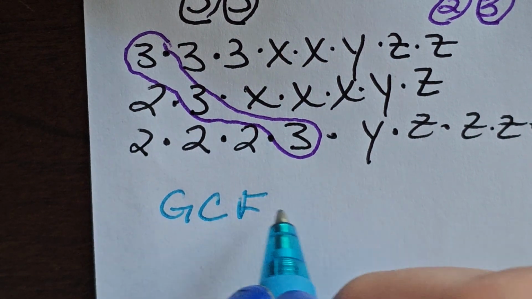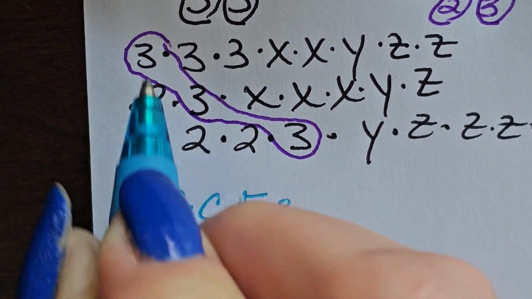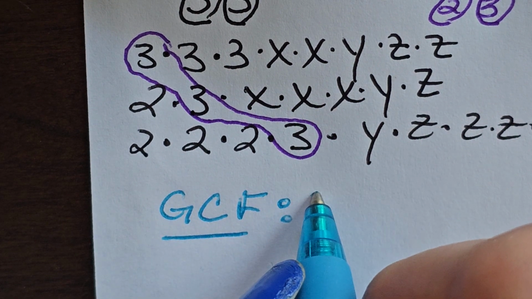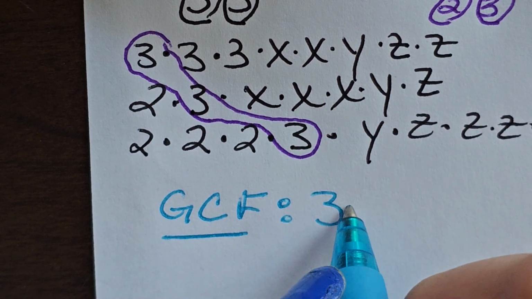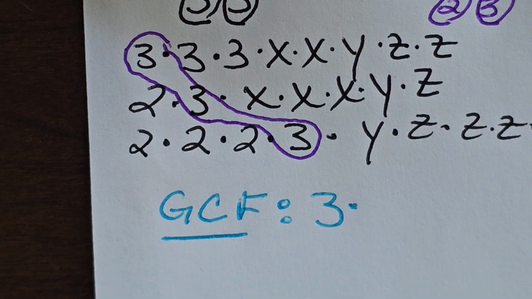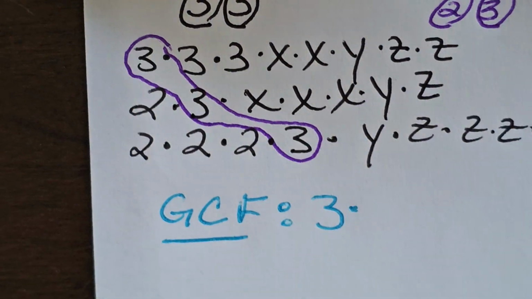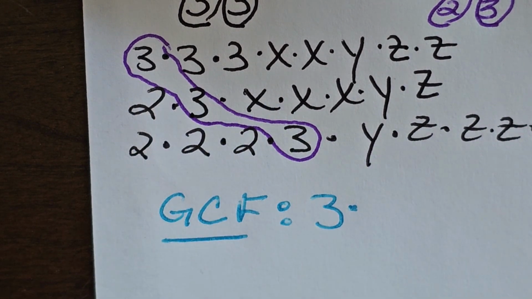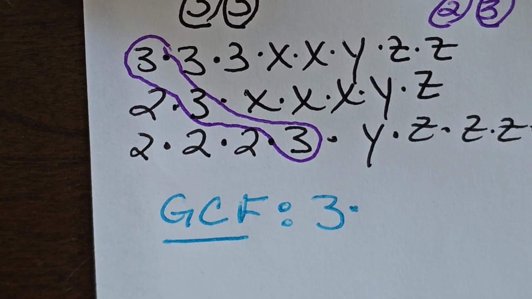Greatest common factor. We just saw that they all 3 have a 3 in common, so we are going to write that down. And then they don't all 3 have a number in common, but 2 of them have 2's in common. So is that okay?